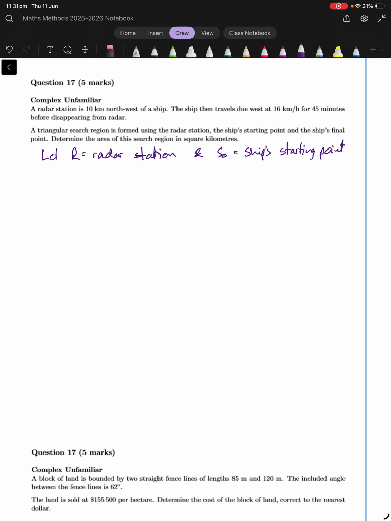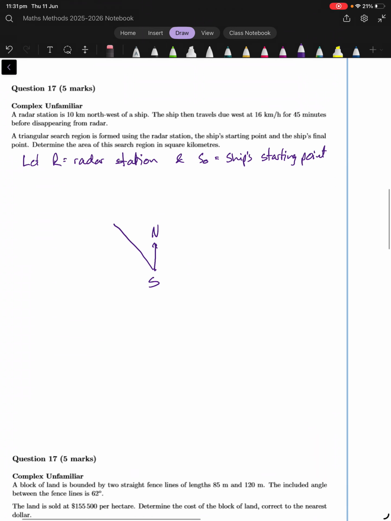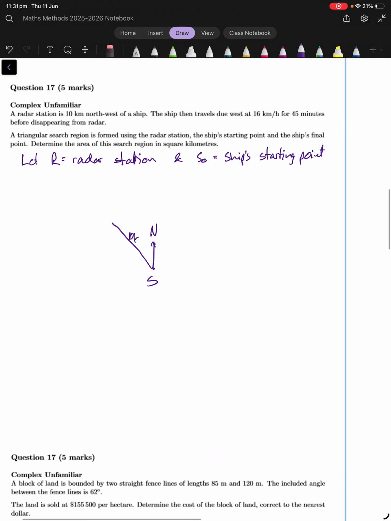So a radar station is 10 kilometres northwest of a ship. So I'm going to have to draw my ship here, have my reference for north, and then 10 kilometres to the northwest. So that's going to be 10 kilometres, and northwest, so that's 45 degrees around.